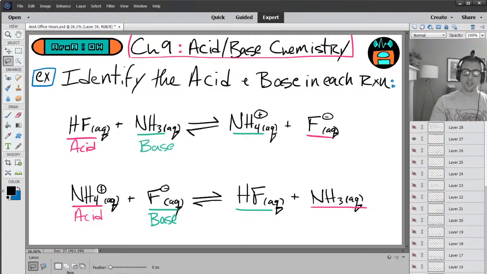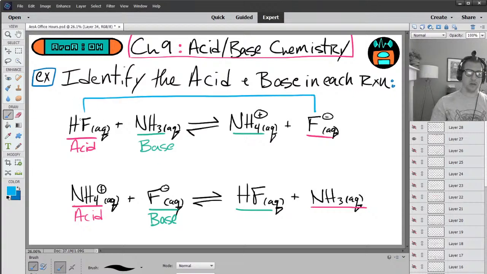The relationship between HF and fluoride, and the relationship between NH3 and NH4, have special names. These are called conjugates.